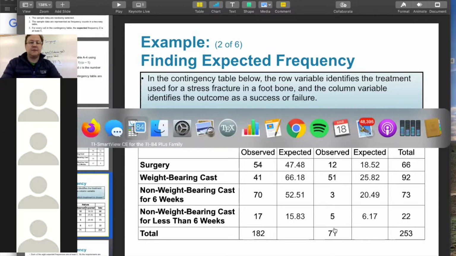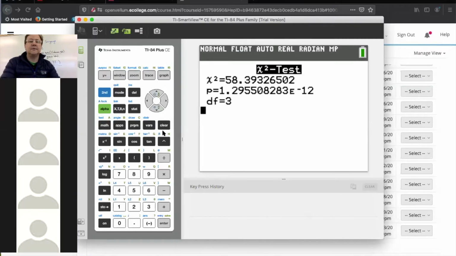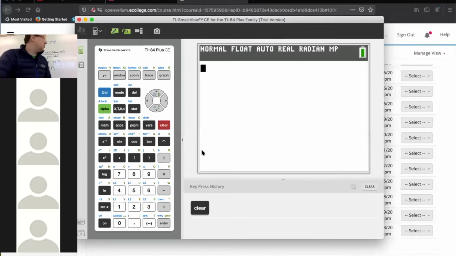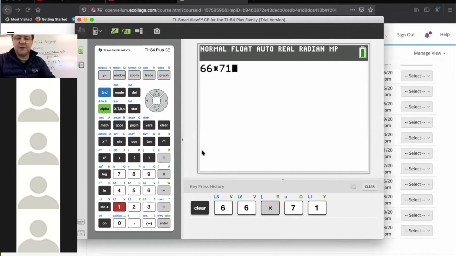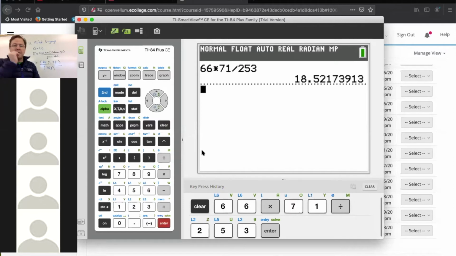And so, using your calculator, you can take 66 times 71 divided by 253. And it ends up being about 18.52. So although 12 failed surgeries was observed, if the procedure was independent of the results, you would have expected more like 18 or 19 failed surgeries. So what was observed was actually below what would have been expected.